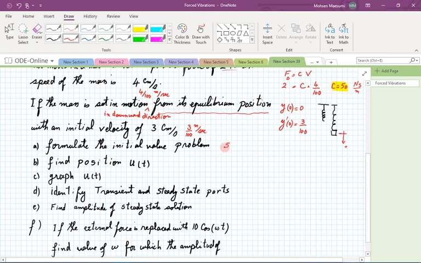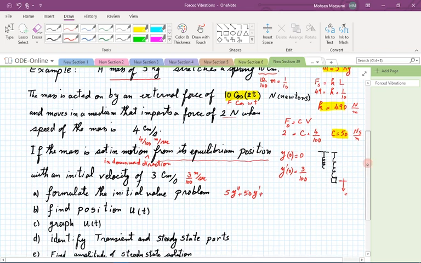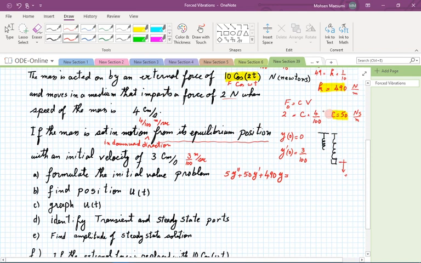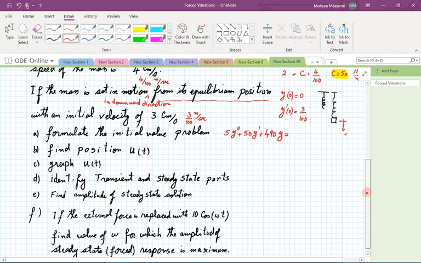So 5 y double prime, and c became 50, so 50 y prime, and k became 490, so 490 y. And the right hand side was just handed to us: 10 cosine of 2t.